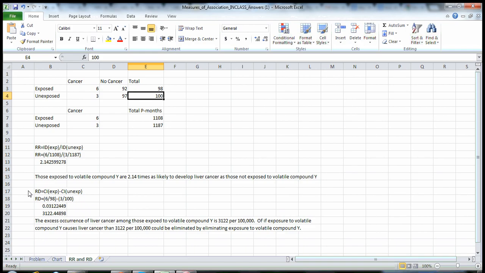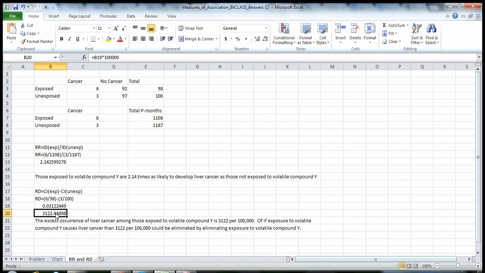Then we just come down to our calculation for risk difference, which is the cumulative incidence of the exposed minus the cumulative incidence of the unexposed. So risk difference equals 6 divided by 98 minus 3 divided by 100, which, when we let Excel do that for us, gives us an answer of 0.03122.